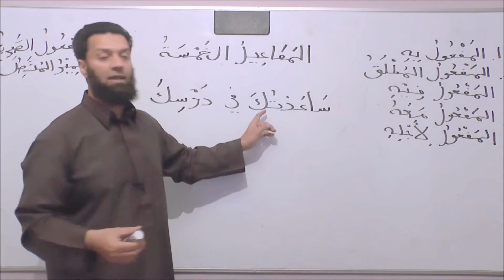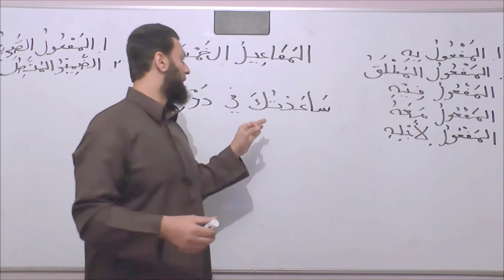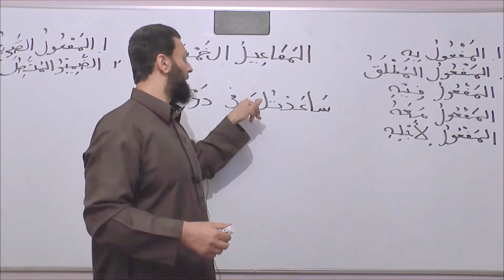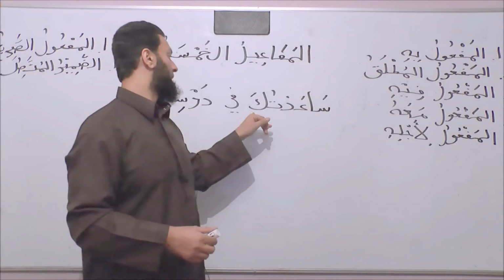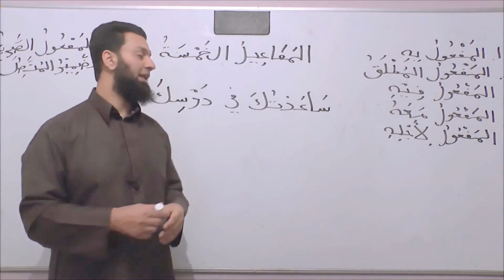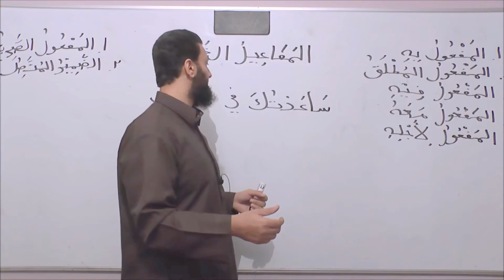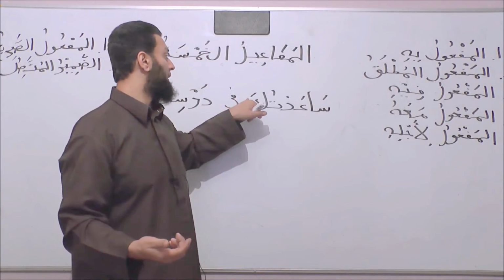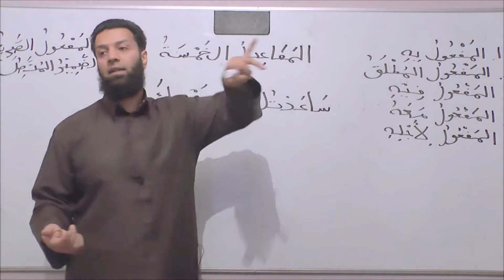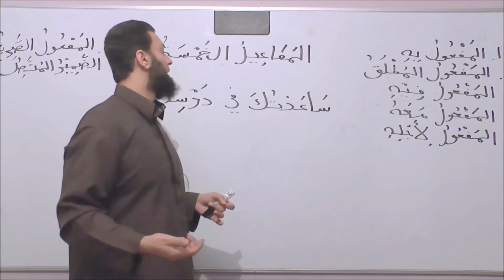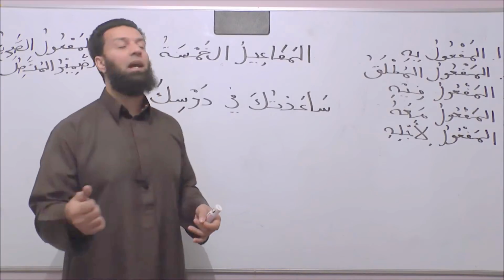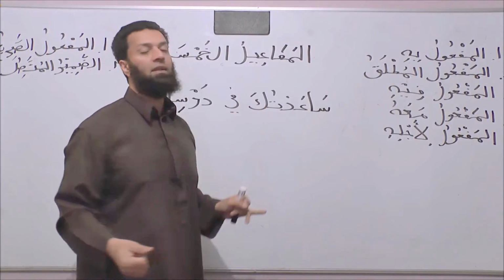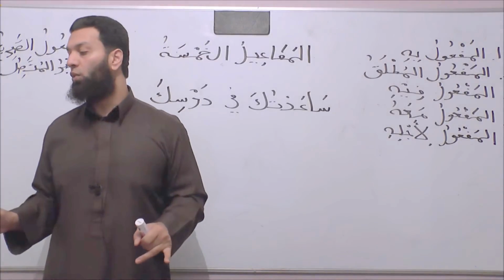So it is في محل رفع, being the فاعل. Al-kaf هنا, which is what we want to concentrate upon, is again ضمير متصل. It's a connected ضمير. It is مبني على الفتح, and it is في محل نصب. It is في محل نصب, and that too is considered to be المفعول به.